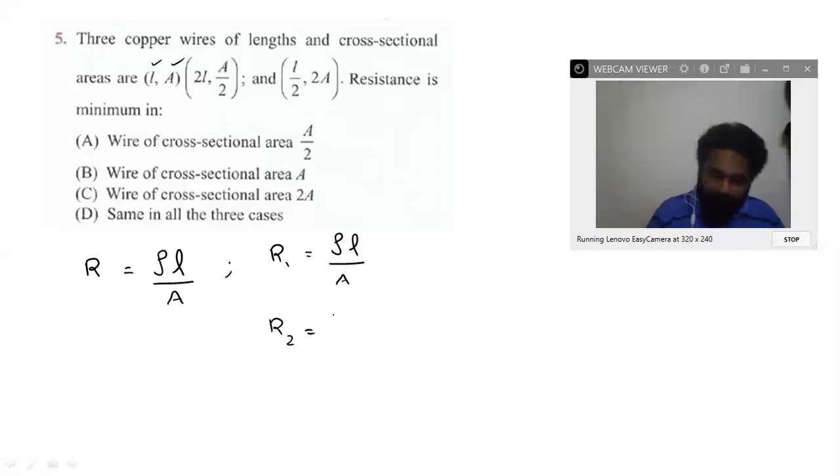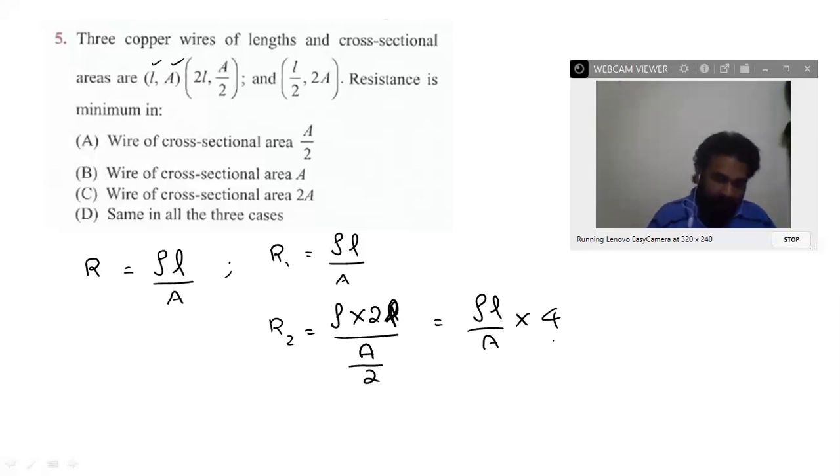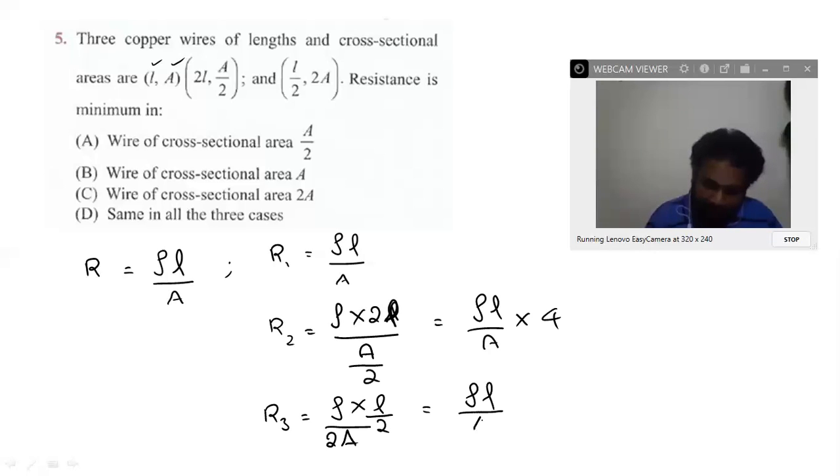Good effort. Next, R2 is rho into 2L divided by A by 2. So we will be getting rho L by A, and here we multiply with 4. In the same way R3 is rho into L by 2 divided by 2A, so we get rho L by A into 1 by 4.